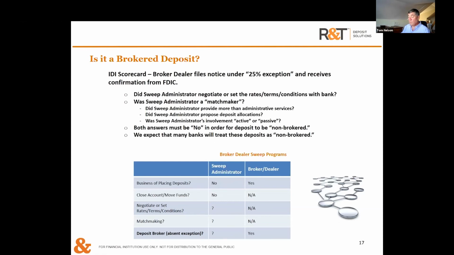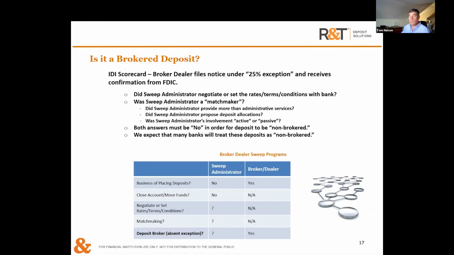So this is one of the critical things. Right now, if you look at all of these sweep programs, pre-April 1, they are by definition broker deposits, because the broker-dealer themselves is going to be considered a deposit broker, no matter what else happens. Going forward, every broker-dealer will have the ability to get an exemption.